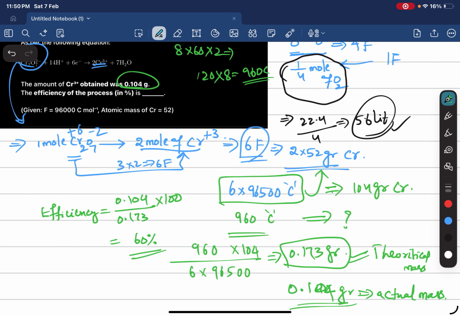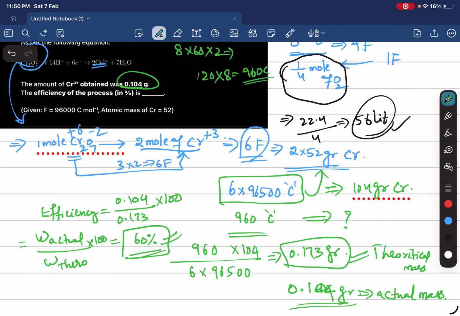So the efficiency formula is W actual by W theoretical into 100. If you do it, you will get 60 percent as the answer. Hope it is clear, students. So you can solve this question.